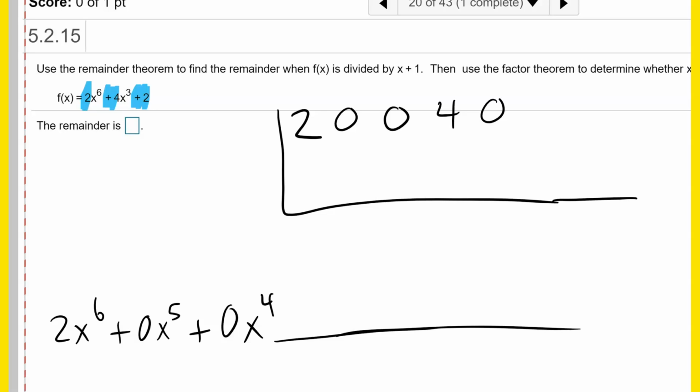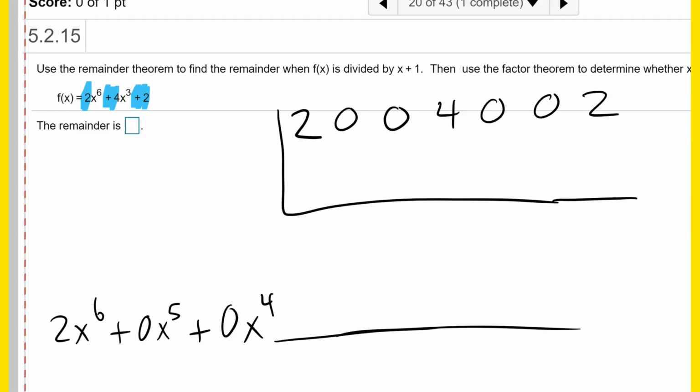So I have a 0x to the 2nd, I also have a 0x to the 1st, and then I have a 2 at the end as a constant with no variable. So I had to have actually 4 placeholders in that polynomial to do synthetic division with it.